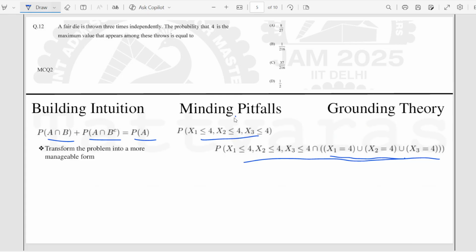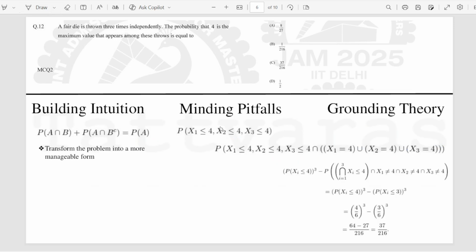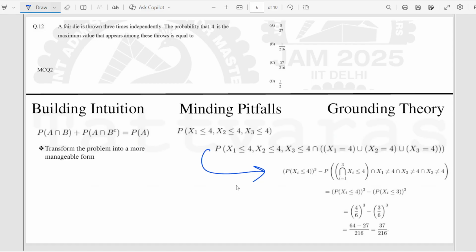So this can be our event A. This is A intersection B. By the knowledge of De Morgan's law, it should be intuitive that the complement of this thing will become this intersection, this. So this would be easy to deal with, right? And that should be our motivation to transform this setup into this setup.